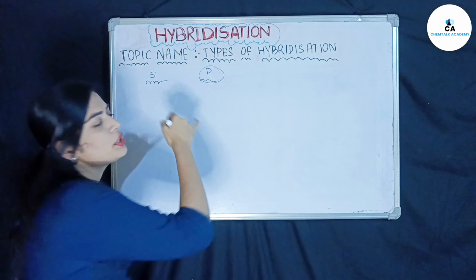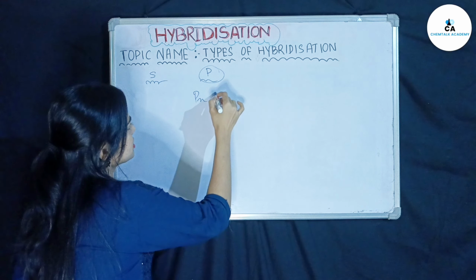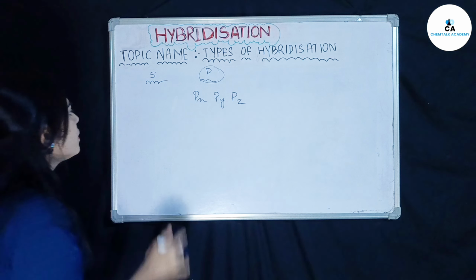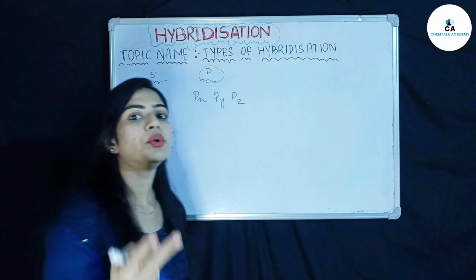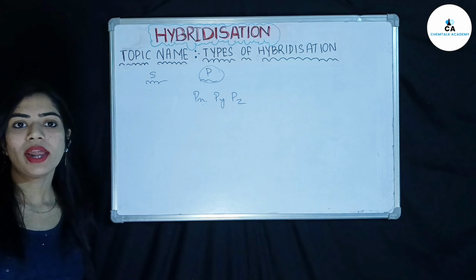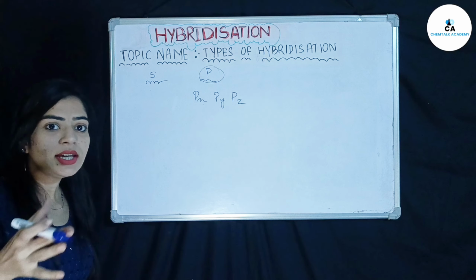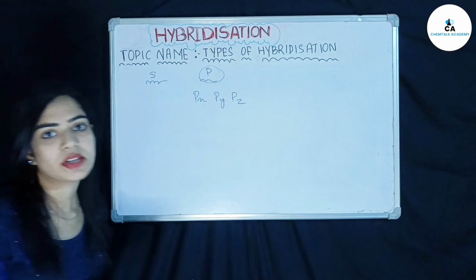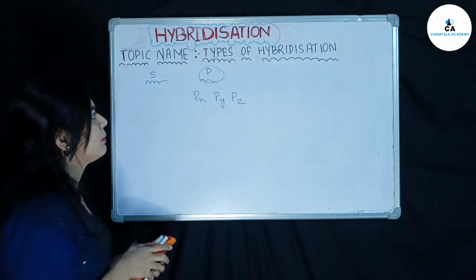But in p, there are 3 orbitals: px, py, pz. So 1s and 1p can intermix, 1s and 2p can intermix, 1s and 3p can also intermix. Depending upon the number of atomic orbitals intermixing, we have many varieties of hybridization.